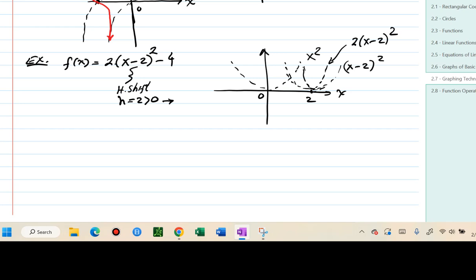And minus 4 is the last effect. I'm going to use the narrow version and drop it down 4 units. And there you have it. Here is the narrow version of the basic parabola. This was the basic one, x squared. And we can report one key point, 2, negative 4, which we call the vertex. That's the point we trace, the low point of the parabola.